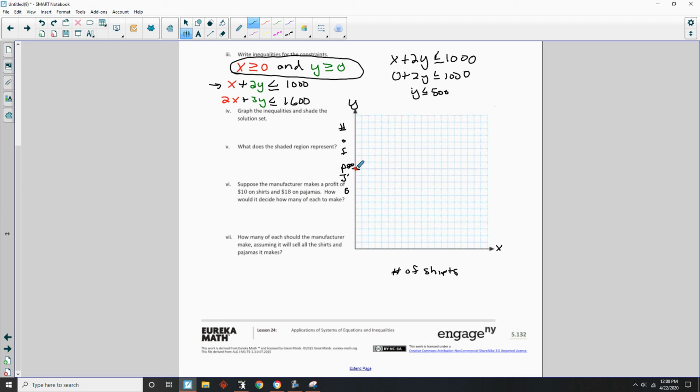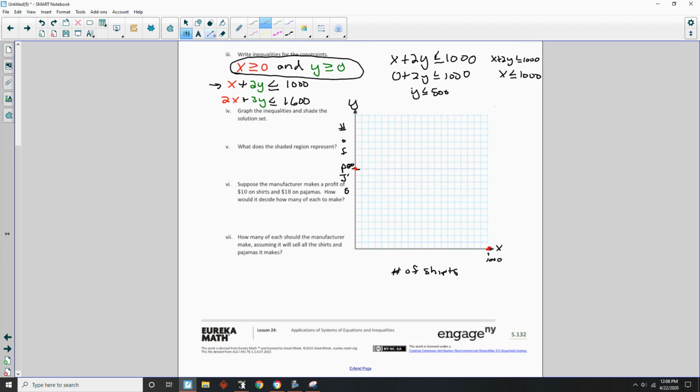Now if I do the same for x plus 2y with y as 0, then x is less than or equal to 1,000, because 2 times 0 is 0, and x plus 0 is x. So if I come all the way out to here and call that 1,000, that's where my point is going to go.